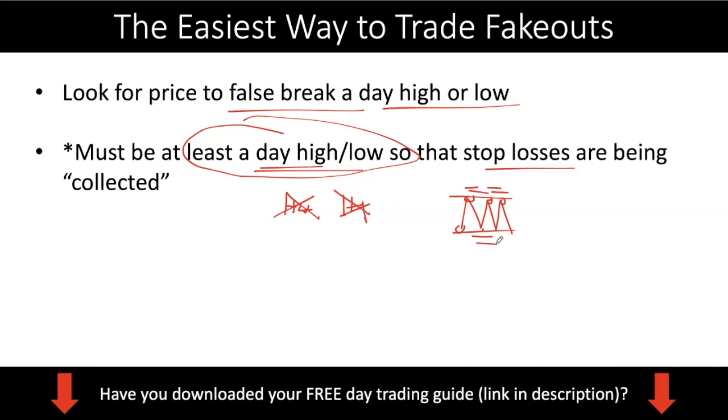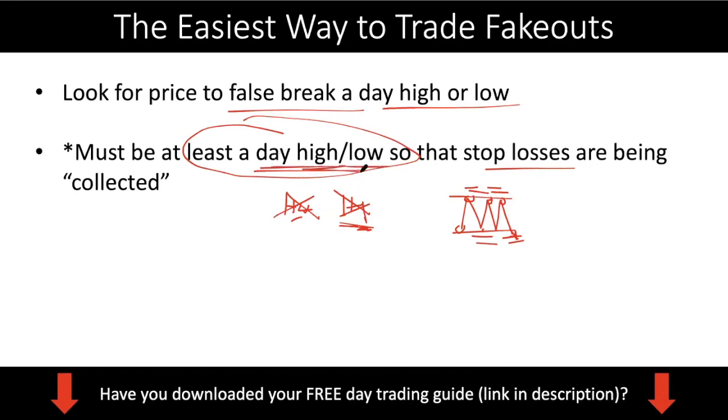If you were to trade, for example, the H4 or the H1 time frame, price doesn't have enough time to consolidate, and the stop losses are not being collected. Remember, you are trying to trade a fake out, so you are trying to let the stop losses here be accumulated, and when price goes down, you want to enter when people's stop losses are being tripped. This is a very important criteria. You want to wait for at least a day high or day low.